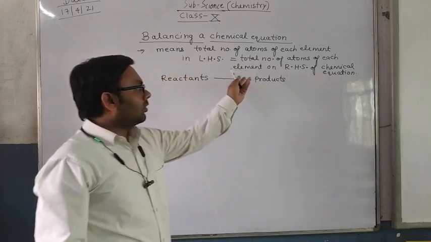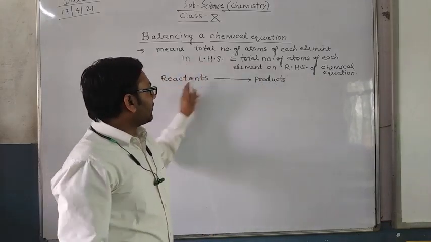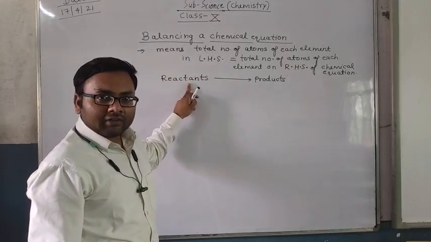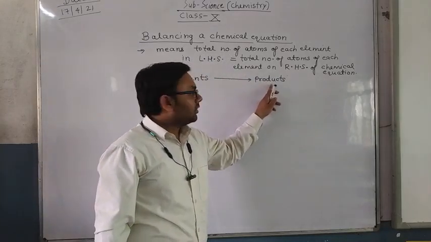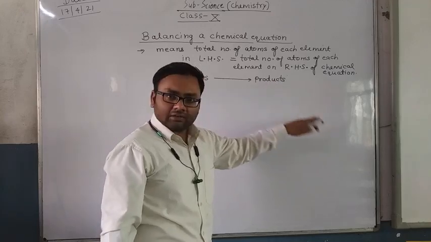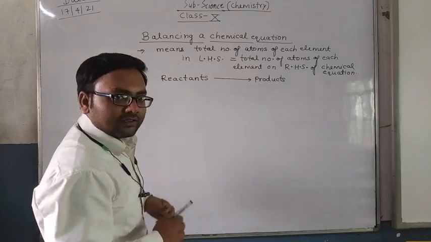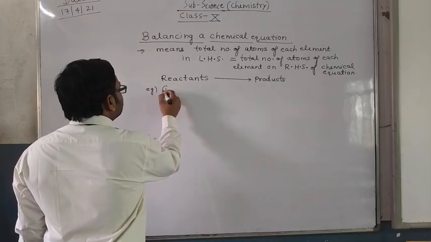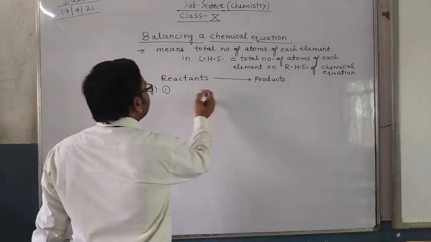What I told you is that the total number of atoms of each element on the left hand side should be equal to the total number of atoms of every element on the right hand side also. Let us take an example. Suppose we have water.